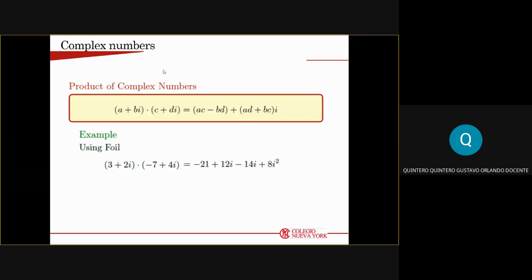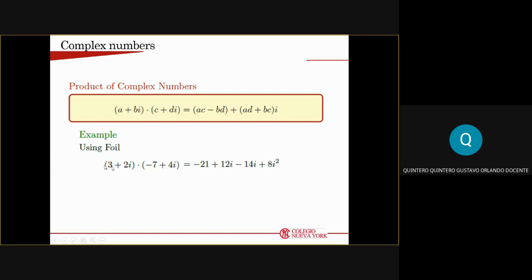We are going to do the firsts, which are 3 times negative 7, negative 21. Let's continue with outers, right? 3 times positive 4i. 3 times 4 is 12, and don't forget about the i.